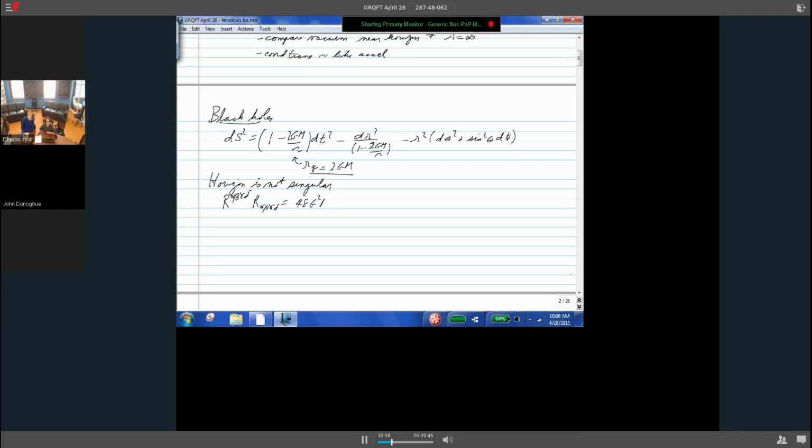No, r_g is 2GM, so this is r_g over r. Okay. So when r equals r_g, then okay.